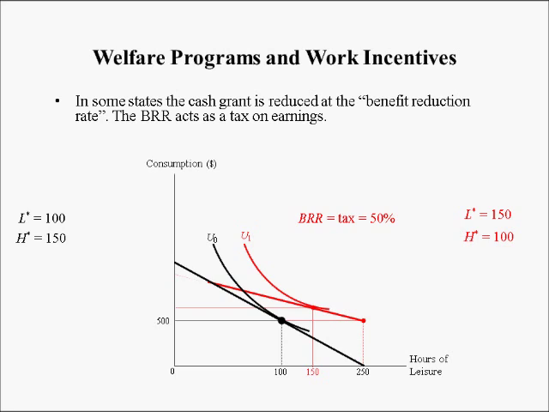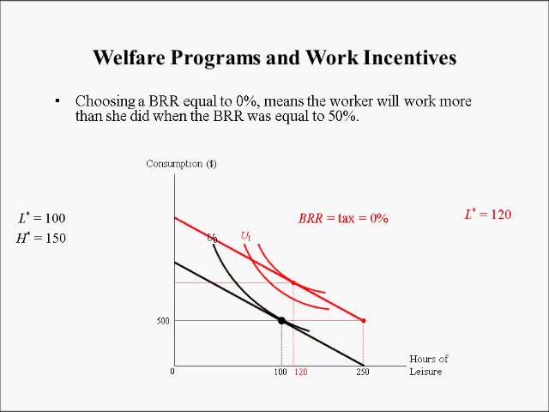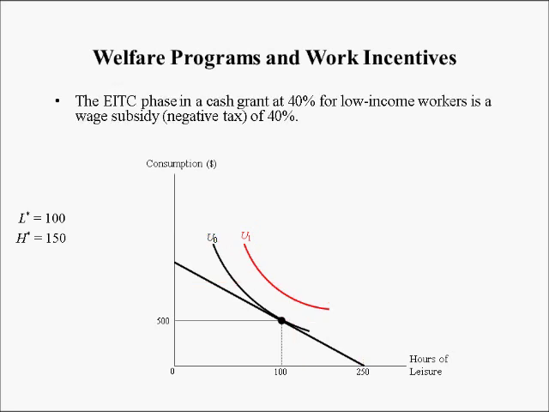Recall that the same worker, if faced with a 50% benefit reduction rate, would only work 100 hours. Hence, reducing the benefit reduction rate from 50% to 0% raises hours worked from 100 hours to 130 hours.